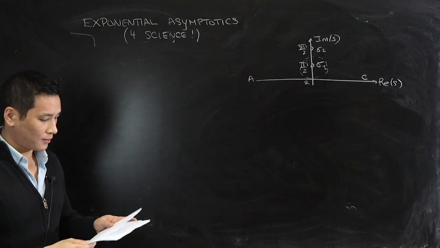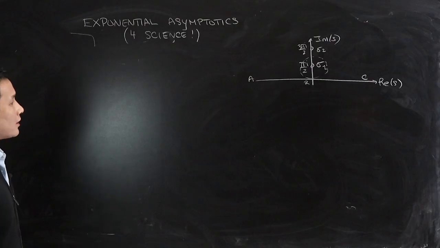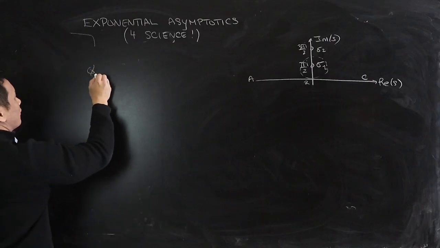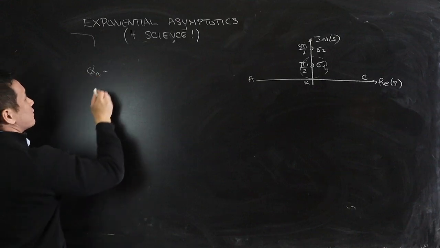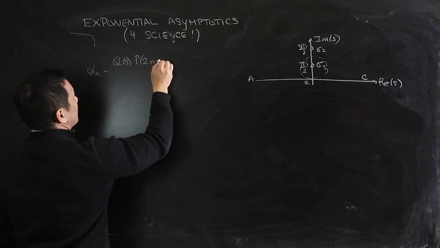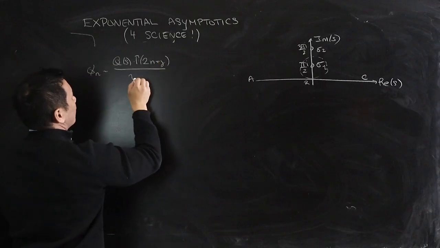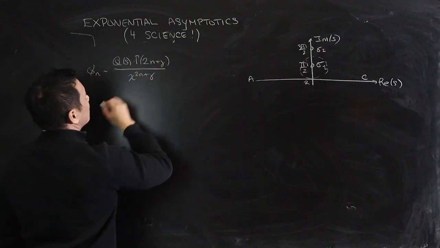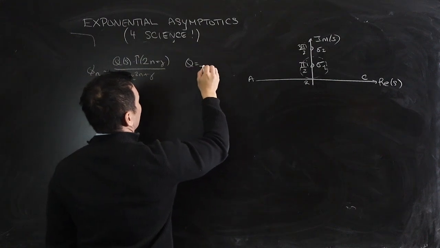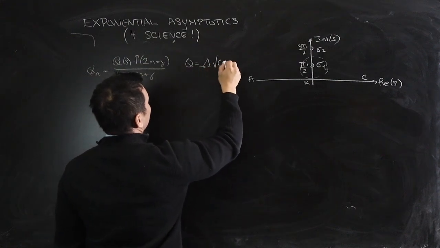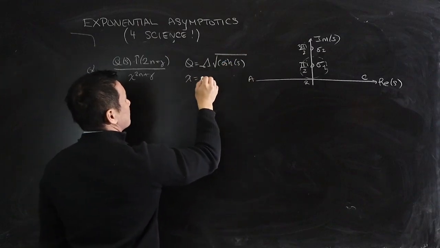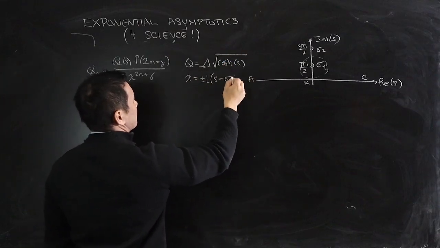So let me write down the expression for phi again. This is basically q of s times the gamma function of 2n plus gamma over chi to the 2n plus gamma. We found that q was lambda times the root of cosh, and chi was plus or minus i times (s minus sigma k).